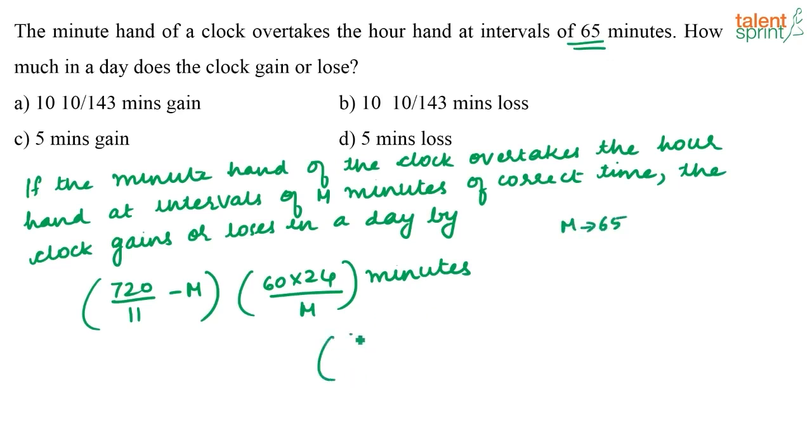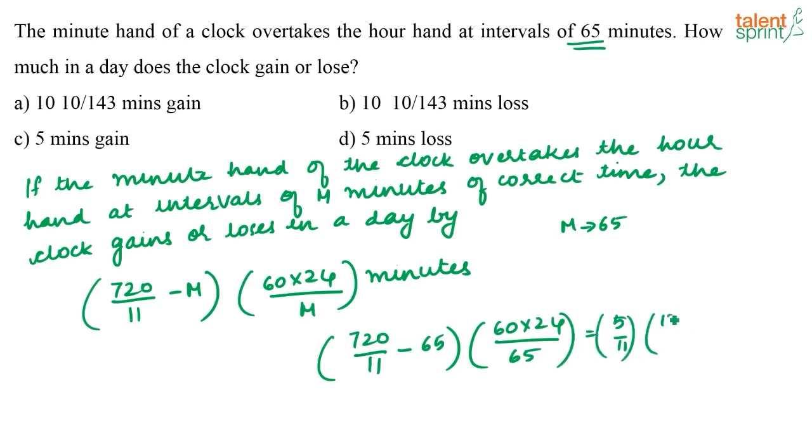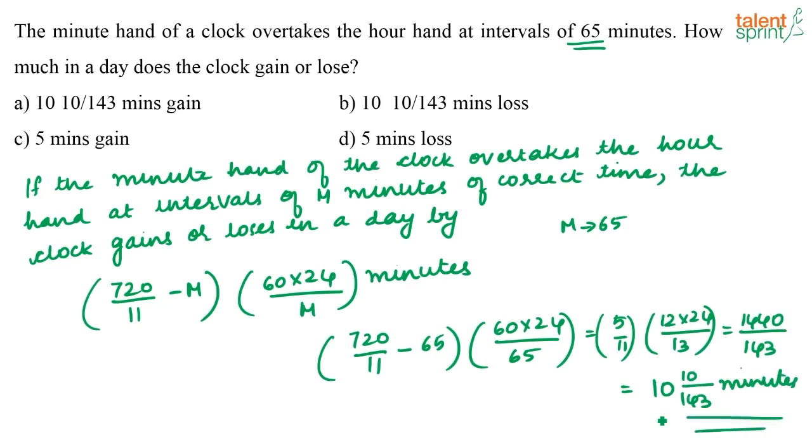What will you get? (720/11 minus 65) into 60 into 24 by 65, that is nothing but 5 by 11 into 12 into 24 by 13, which is equal to 1440 by 143, which is equal to 10 by 143 minutes.